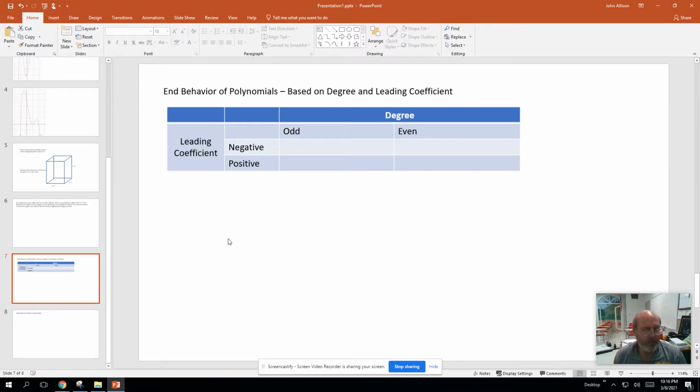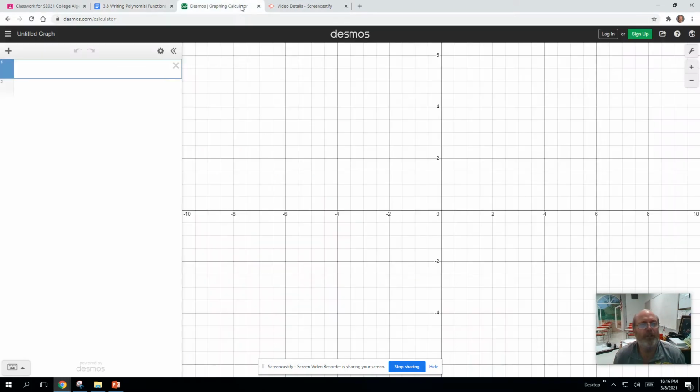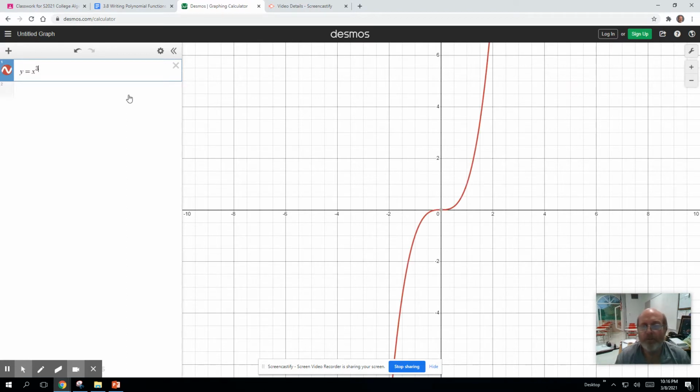Remember, end behavior talks about what's happening with the y values on the graph of a function as we go to the far left extreme of the domain and the far right extreme of the domain. So let's take a look at a couple of things on Desmos right now. Let's graph a couple of functions that have an odd degree. So let's do y equals x cubed.